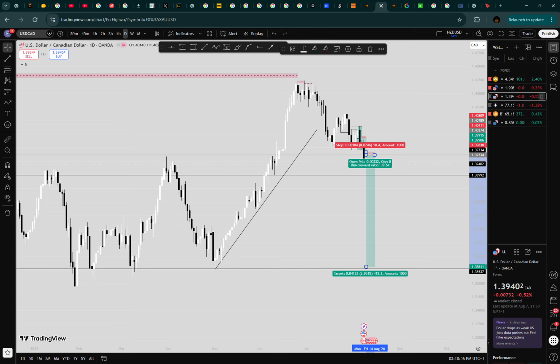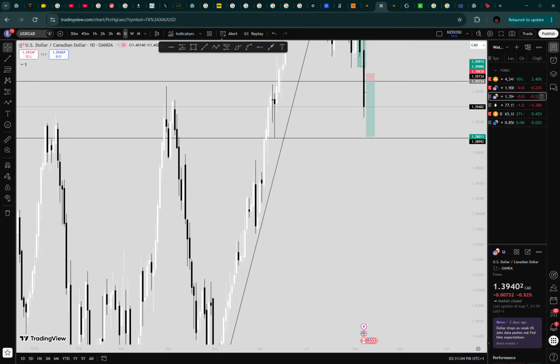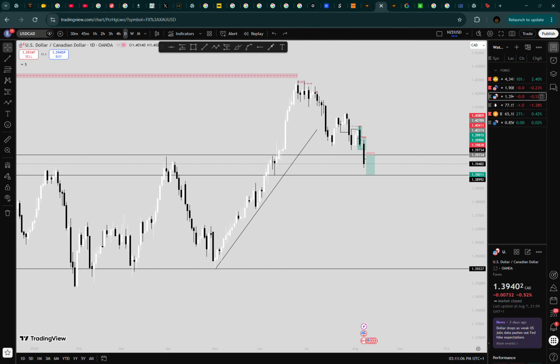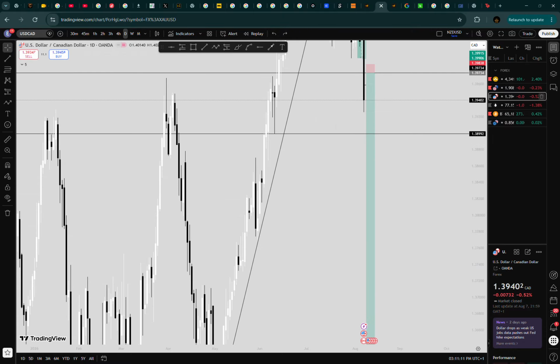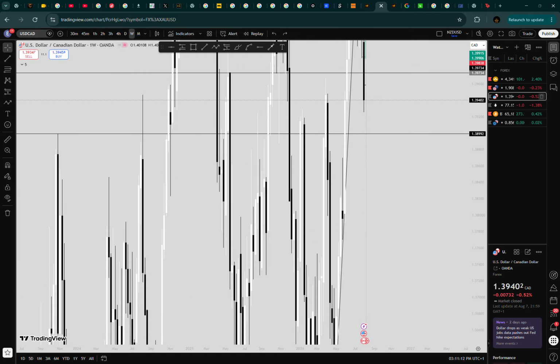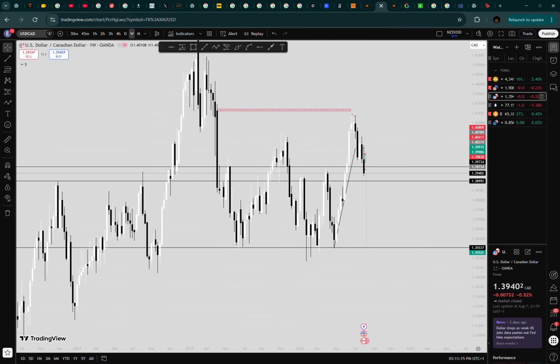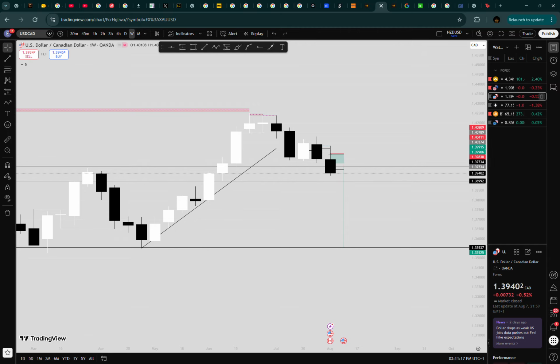So your TP, advisable, it's at the nearest zone, closest, or the nearest structure.